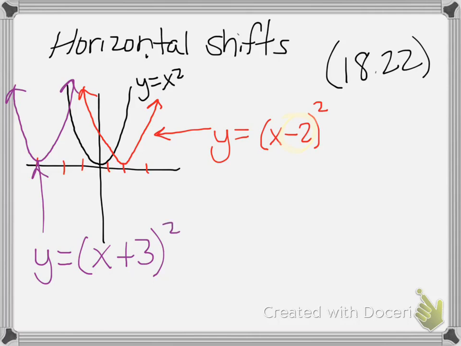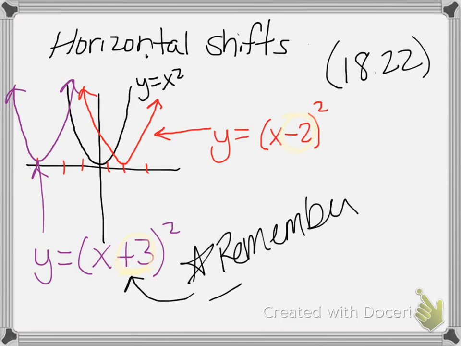So when your function is written in this form, this tells you how many it shifted, but it's always opposite of what you think. This is a positive 3. You just got to remember that's left. It's always backwards of what you think.